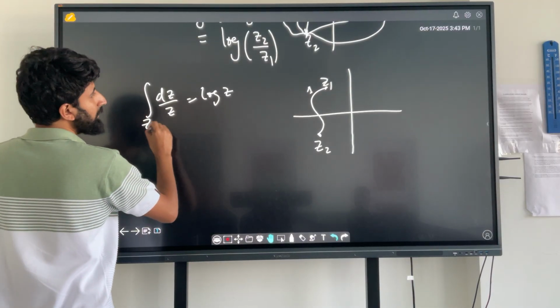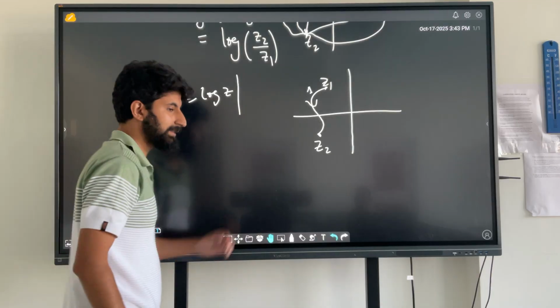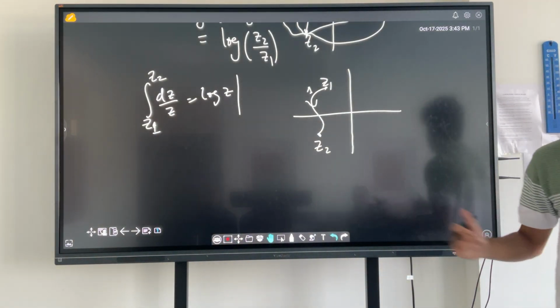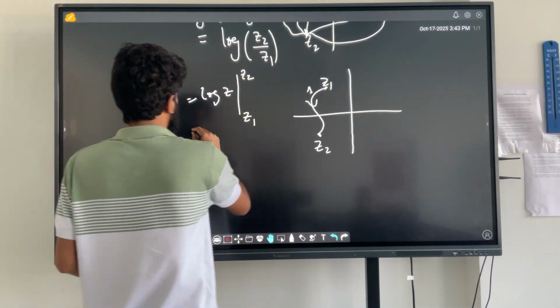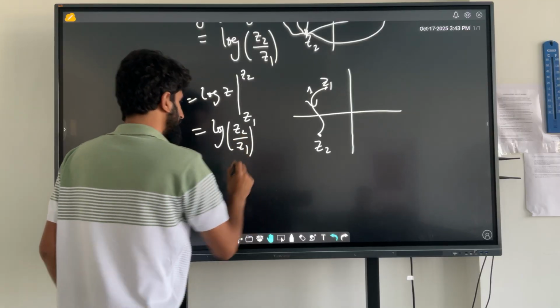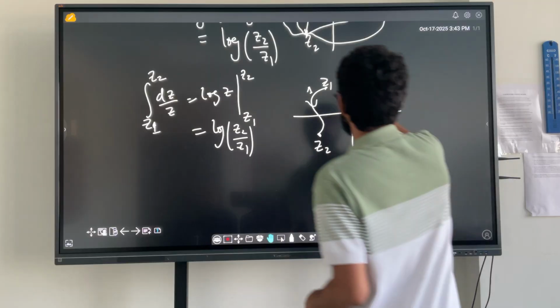There is a reason why I'm saying associate, assign; that will become clear. This gives you log z2 by z1. I associate this value with it. Now what about paths of other type?